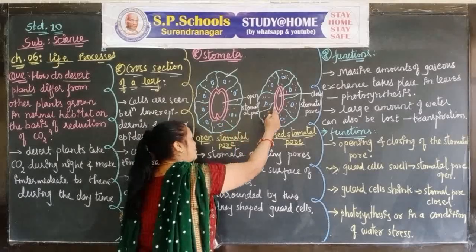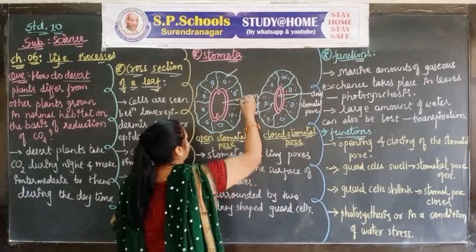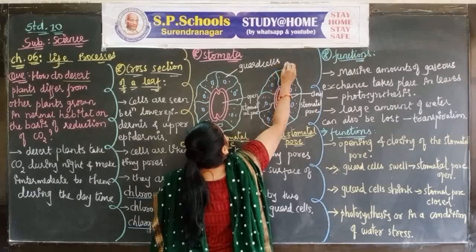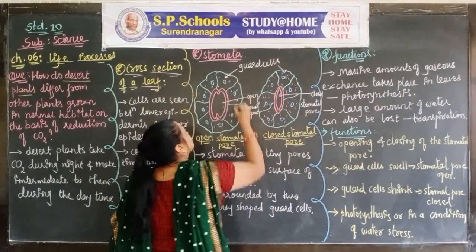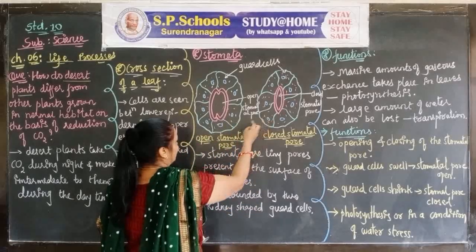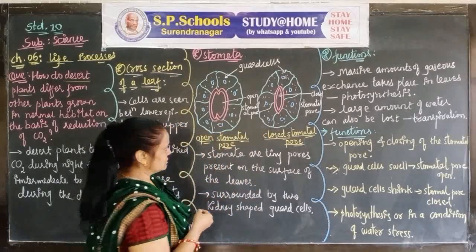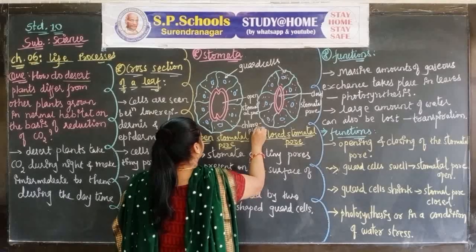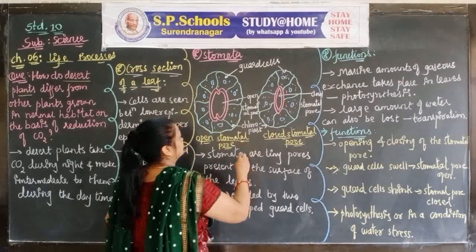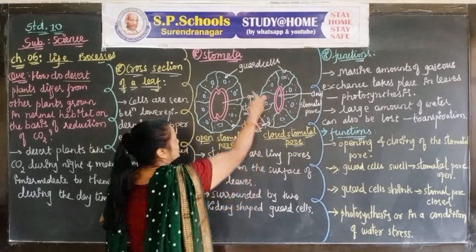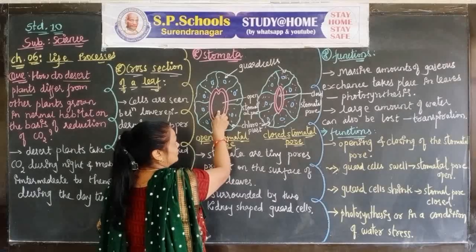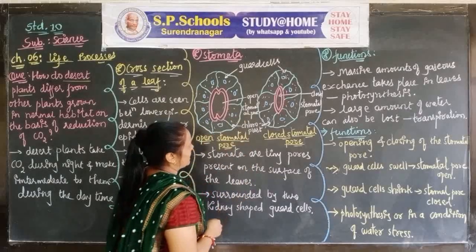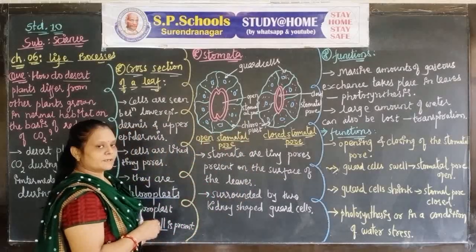The two pores, open and closed, are protected by guard cells, and in the guard cells we see dot-like structures, which are chloroplasts.